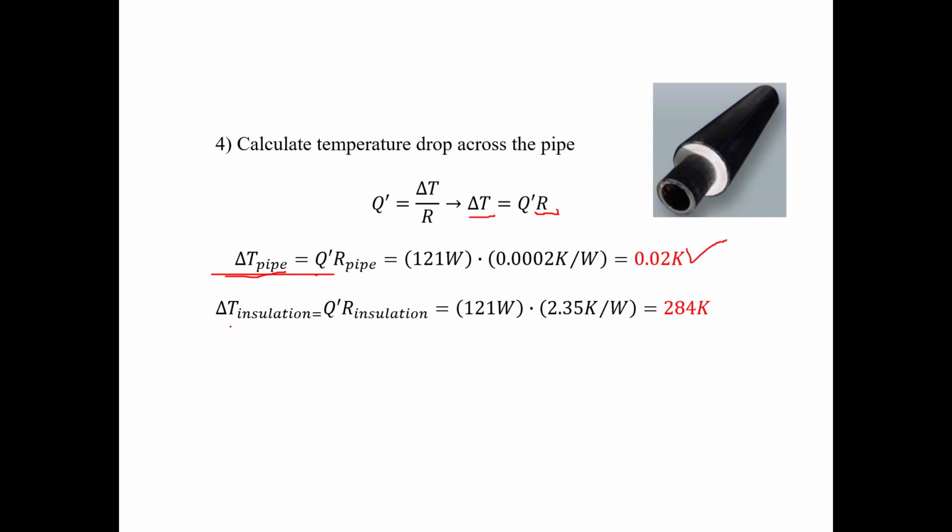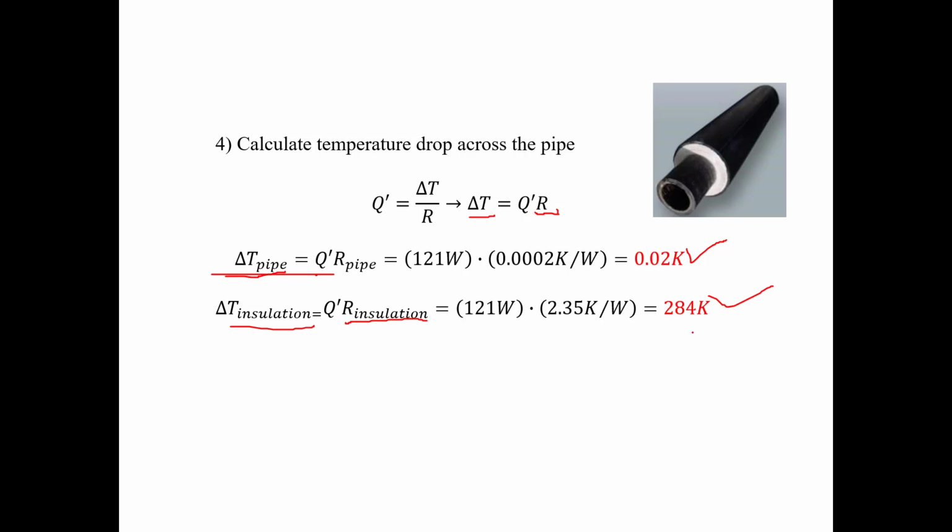Similarly, for the case of insulation, again we use the same formulation, but now the resistance of the geometry is not because of the pipe, because we are across insulation, so we are looking at the R of insulation, and if you use the value from the previous calculation, you can get delta T across the insulation.